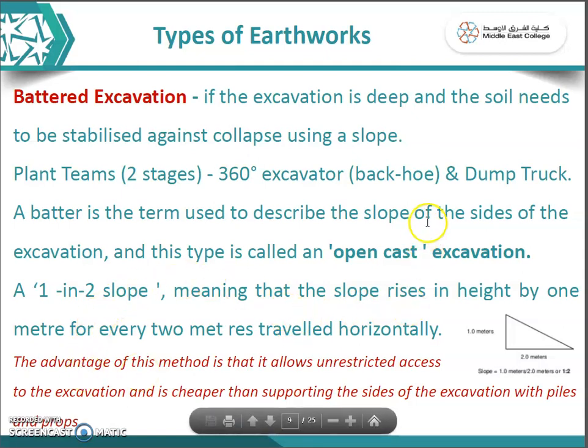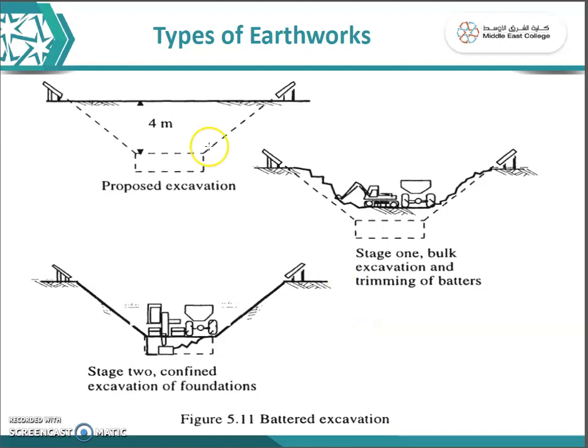The advantage of this method is that it allows unrestricted access to the excavation and is cheaper than supporting the sides of the excavation. You can see this is the proposed excavation. We are expecting the excavation like this. This is what is actually required. This is a confined excavation, but it is deep excavation.